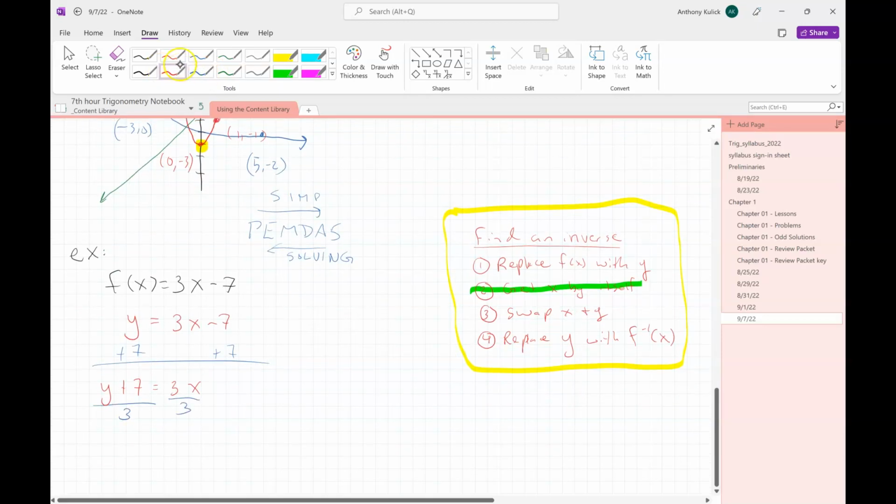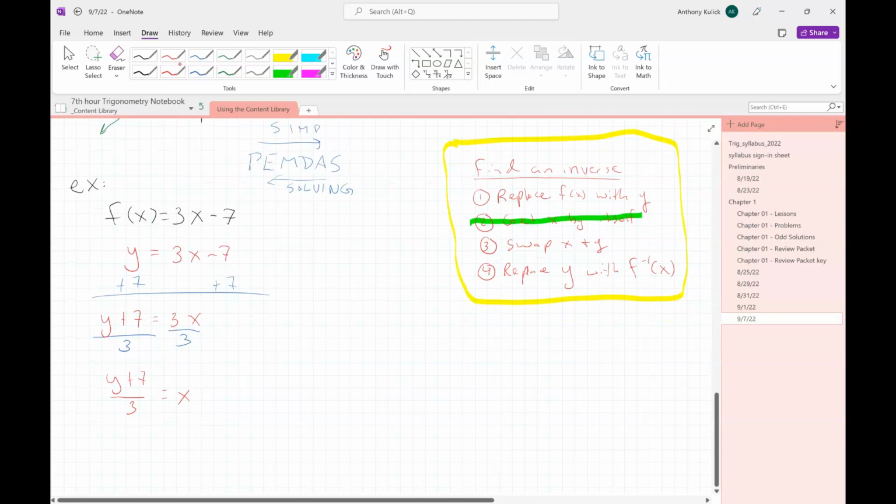So dividing by 3 on both sides is the same as writing the 3 over both of them or the 3 over each individually. Either is okay. I like to write it over the whole thing. Everybody's okay there? X is now by itself. Correct? Step 2 is done.